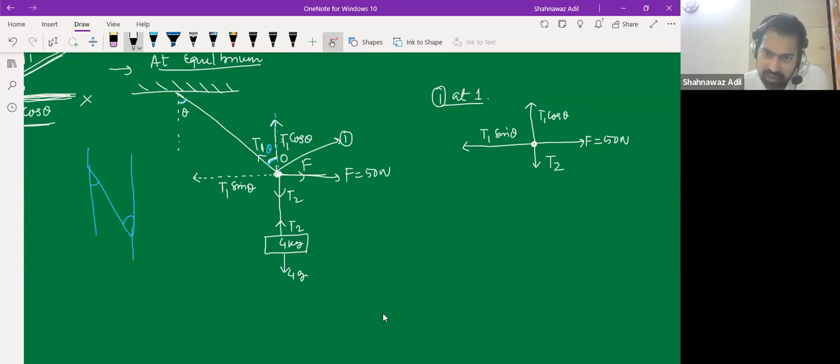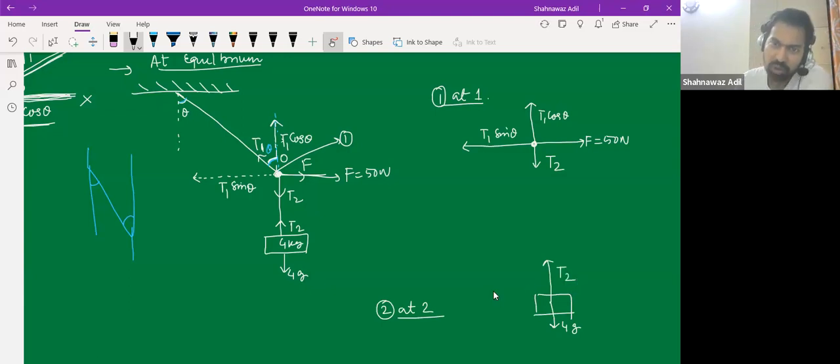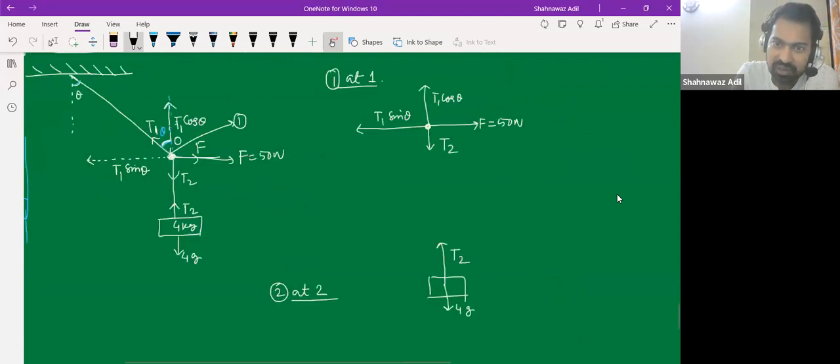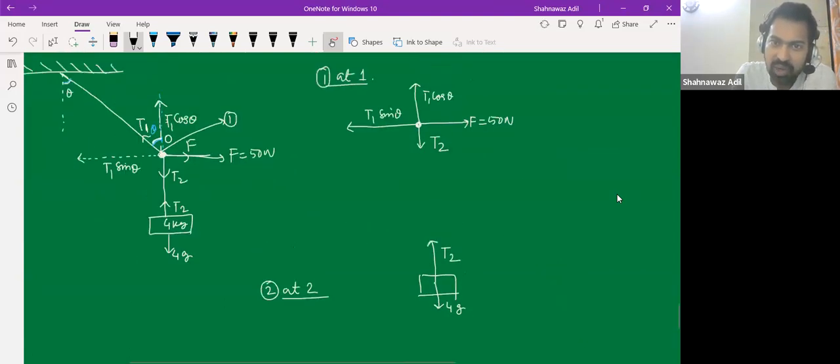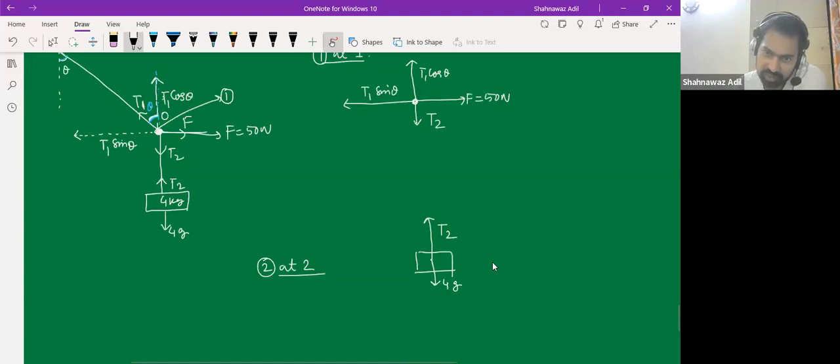And the second thing is the FBD at 2. So what are the forces? This is 4G, and this is T2. Good. Now, seeing the second FBD, when will this be at equilibrium?